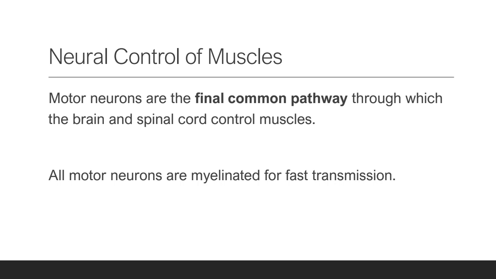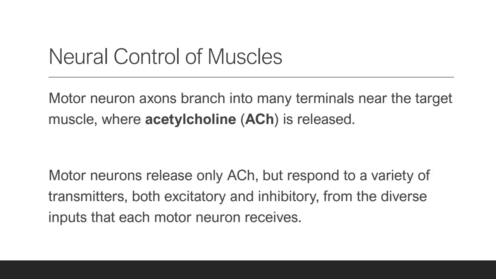All motor neurons are also myelinated for fast transmission. The axons branch into many different terminals near their target muscle, and at those neuromuscular junctions, acetylcholine is released. So an action potential in a motor neuron is going to result in the release of acetylcholine.